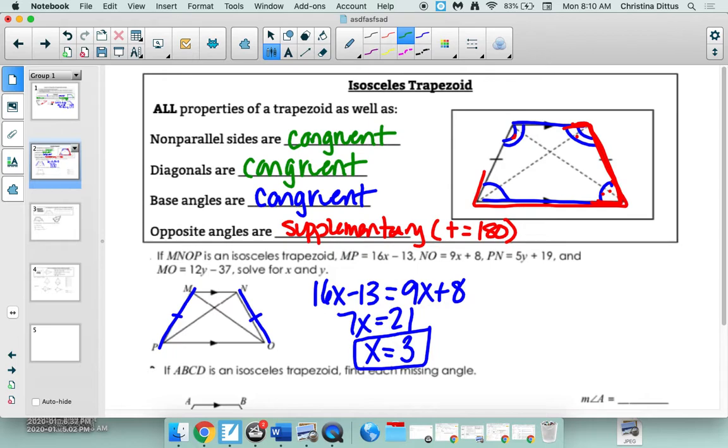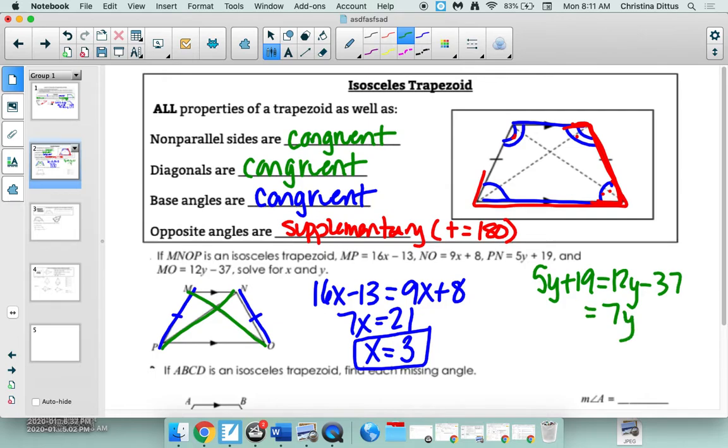We also have PN and MO. What's true about those guys? They're congruent. Yeah, our diagonals are congruent. So how should I solve for y? Set them equal. 5y plus 19 equals 12y minus 37. Subtract your 5y. 7y.